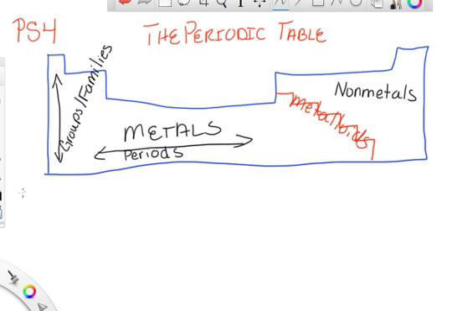Okay, just a reminder down here, groups or families, these columns are named by the top elements in the column.